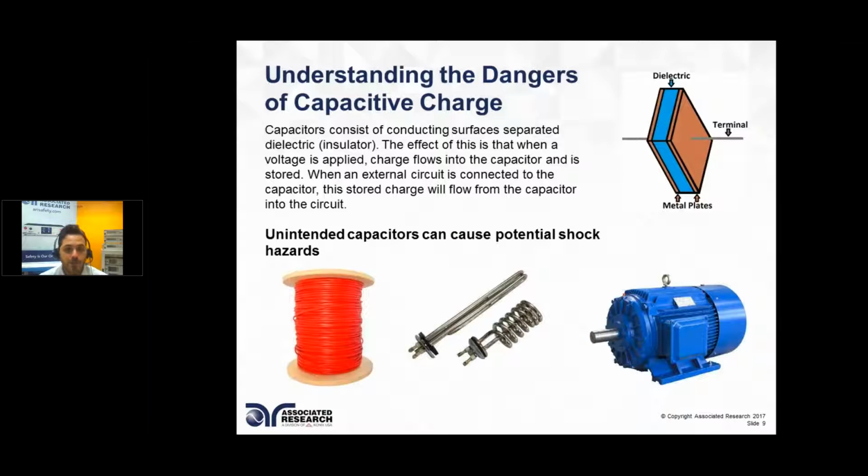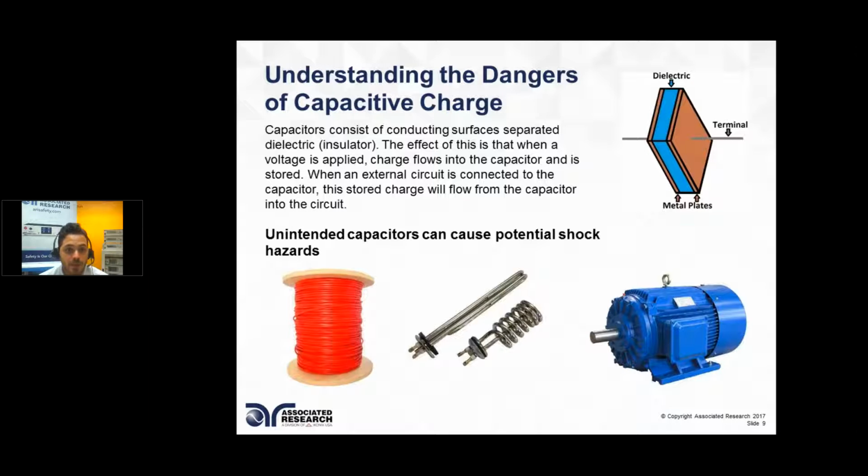Another danger that a lot of people aren't familiar with is capacitors, or maybe not even a capacitor, but something that has a capacitive characteristic to it. If I'm a wire manufacturer, well, let's discuss what a capacitor is first.